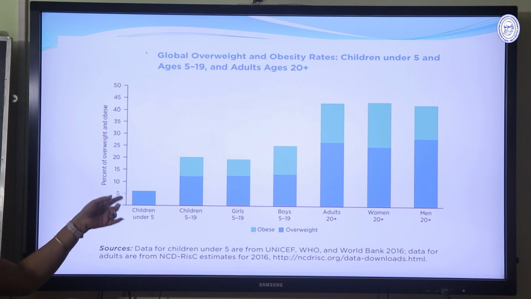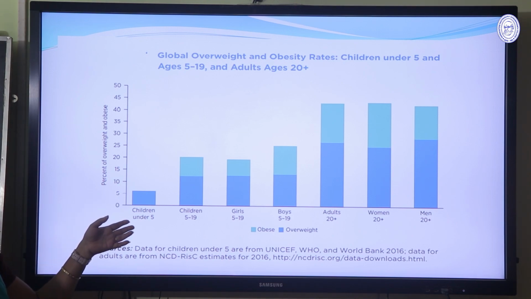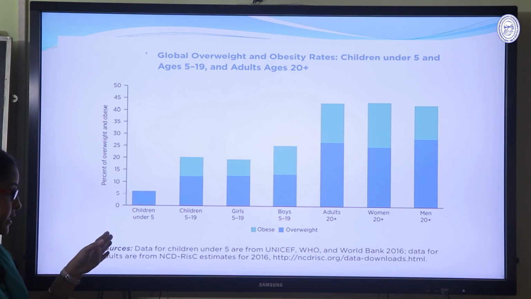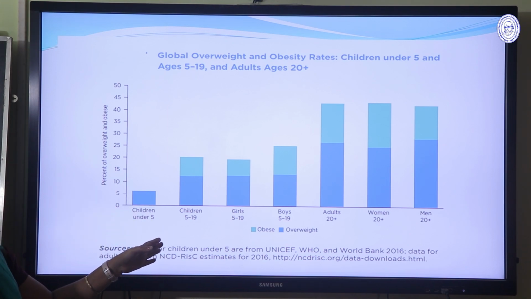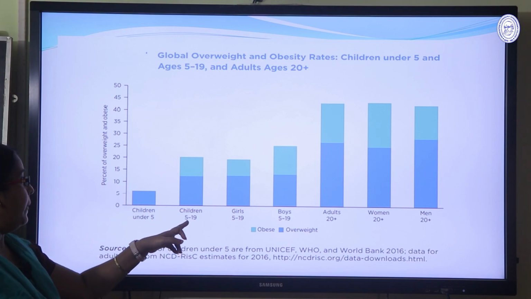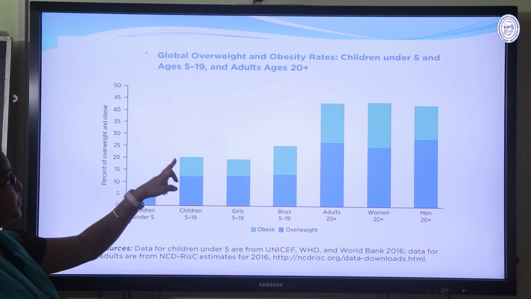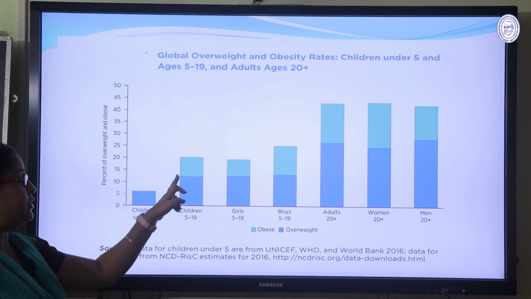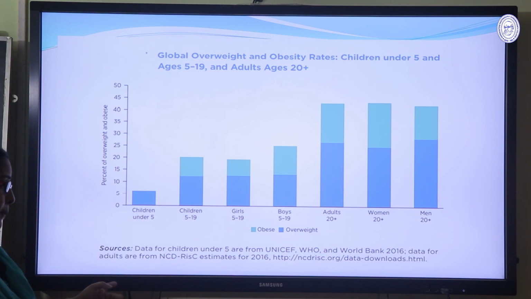This figure indicates that among children under 5, 5% of the total population are suffering from obesity, whereas among children and adolescents from 5 to 19, 20% of the total population are suffering from overweight and obesity.